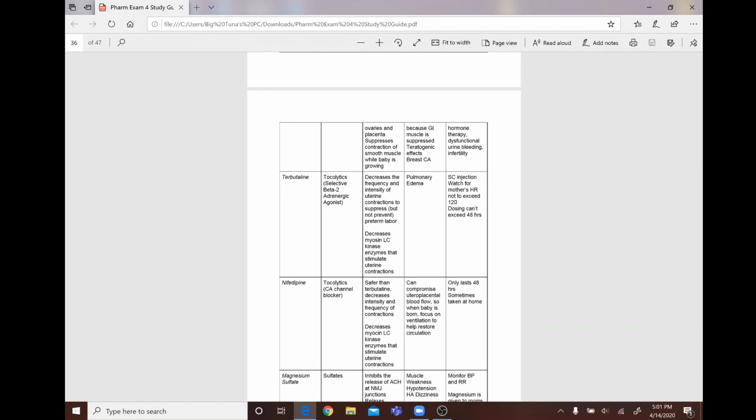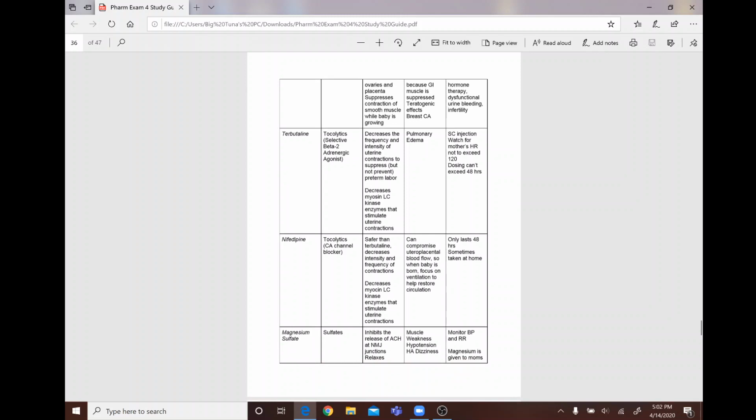Decreases myosin LC kinase enzymes that stimulate uterine contractions. What are the side and adverse effects of terbutaline? Pulmonary edema. How do we administer terbutaline? Subcutaneous injection. What vital sign are we monitoring with terbutaline? Heart rate, we don't want it to exceed 120. How long are we dosing terbutaline? No longer than 48 hours.